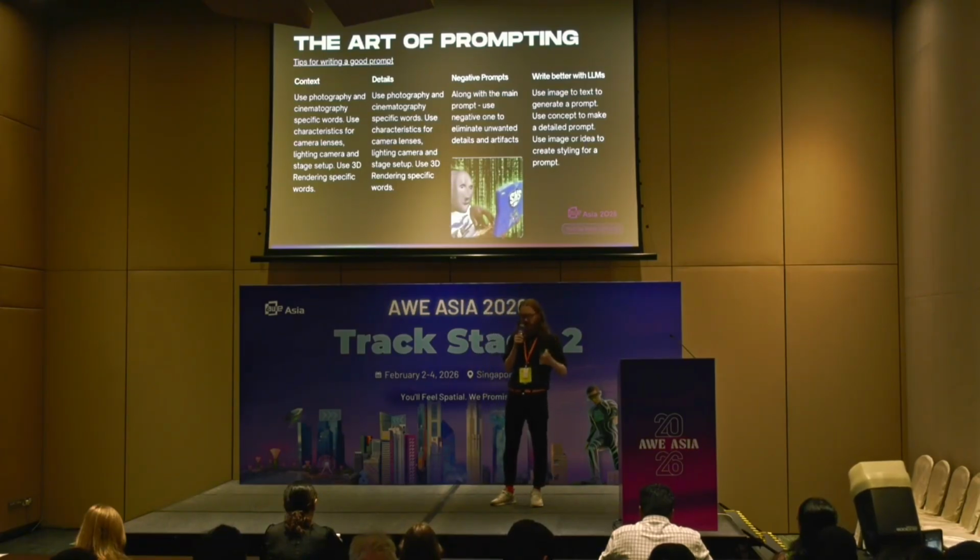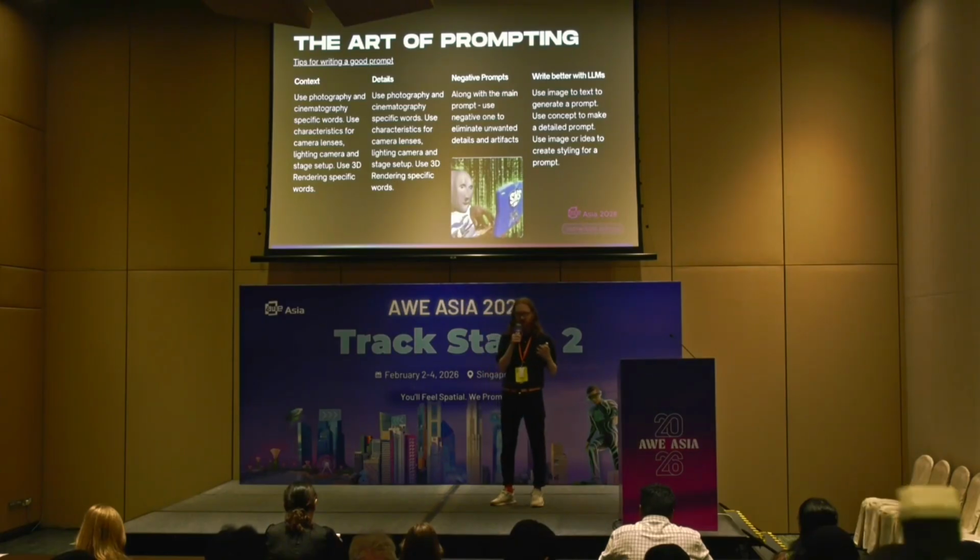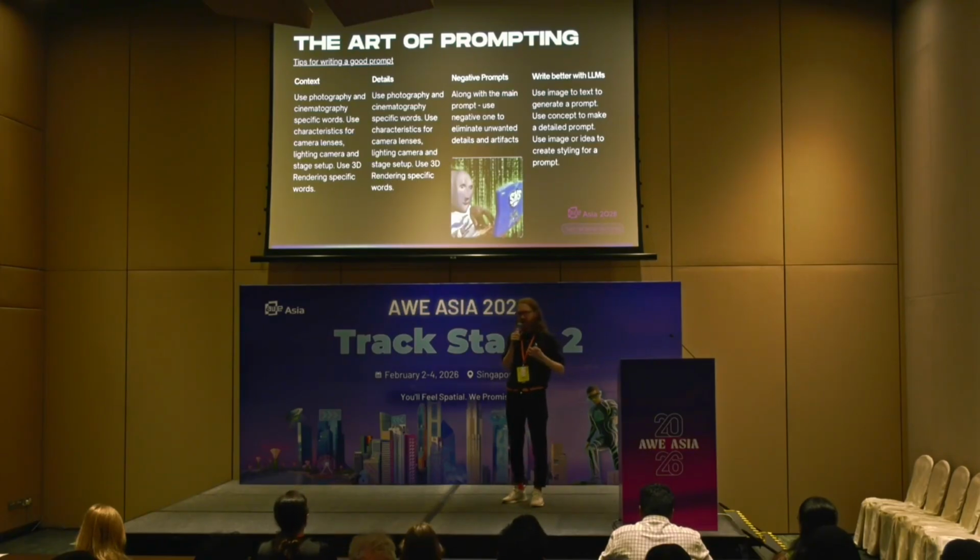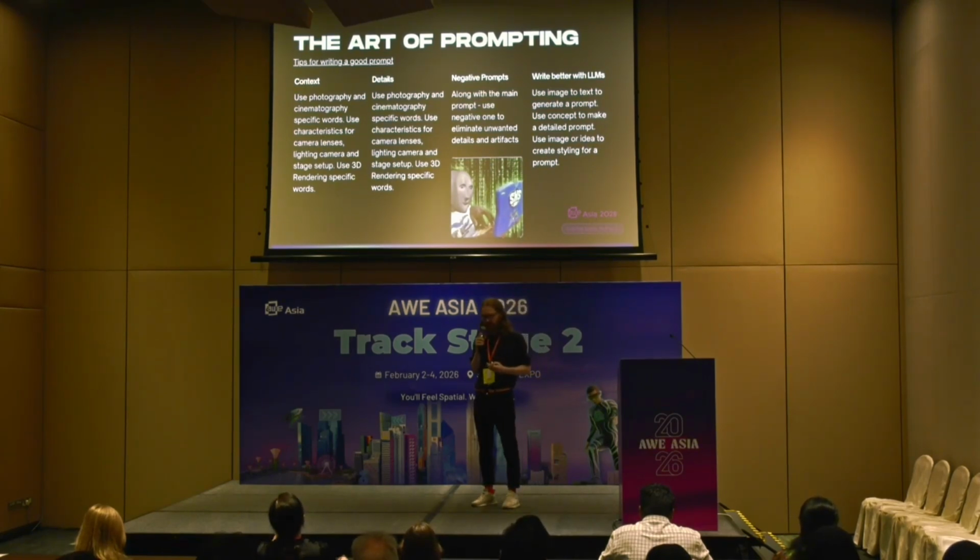Since most of these tools work with text and human language, it's important to learn the art of prompting. I think these days, any of you who use AI tools will learn to communicate with LLMs. We used to communicate with AI tools with human language, and this human language is very particular.